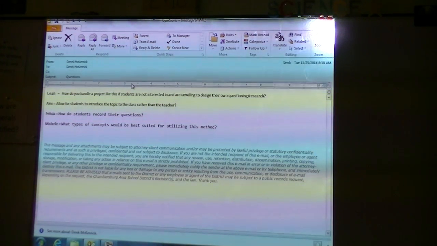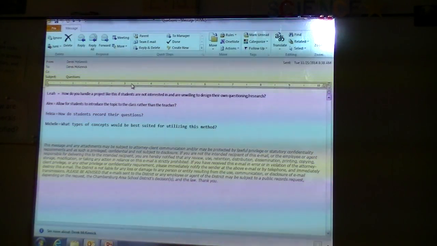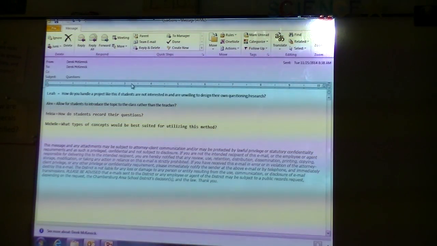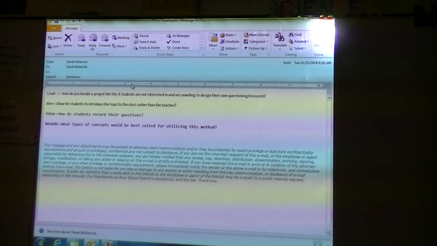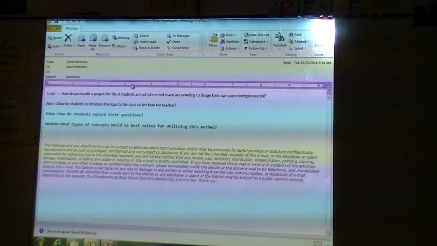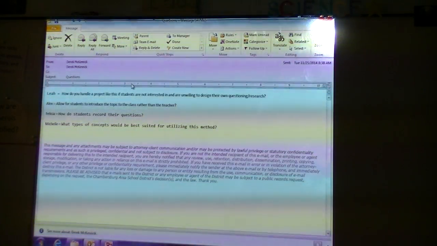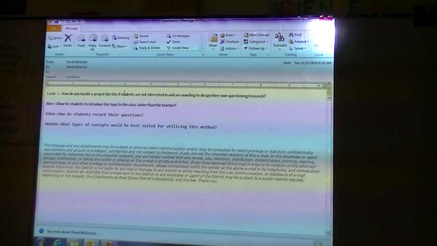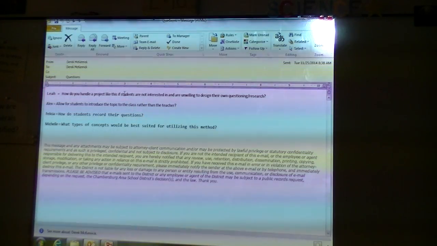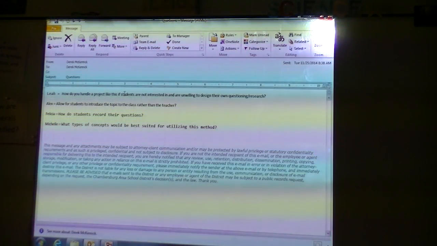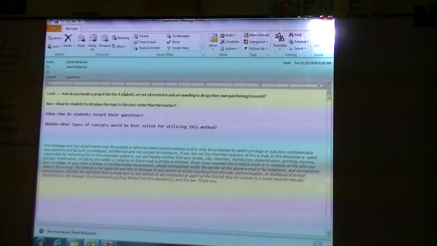The first teacher's question is from Leah, and she asks, how do you handle a project like this if students are not interested in and are unwilling to design their own questions and research? I thought about this question, and what I think is that the first time the students complete this activity, there may be some students that do not want to get involved in the process.